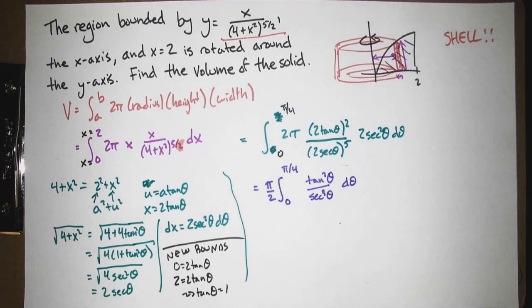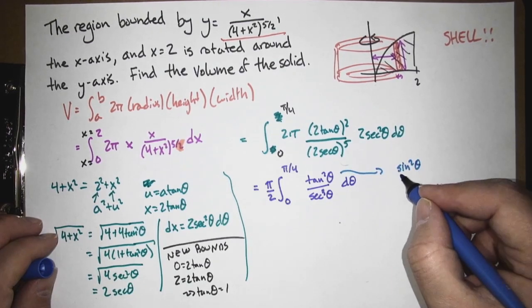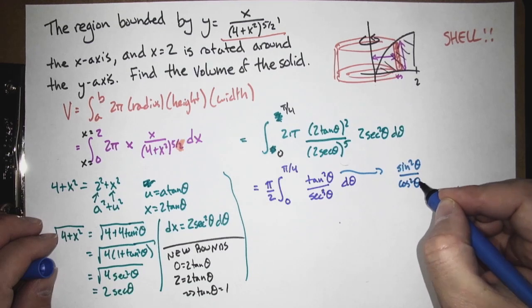Okay, so now we just have to figure out how to integrate tangent squared over secant cubed. How bad could that be? Well, when in doubt, I'm feeling some doubt, go back to sines and cosines. What's another way to say tangent squared? Sine squared over cosine squared.